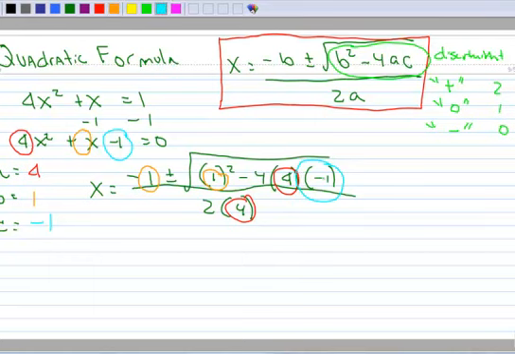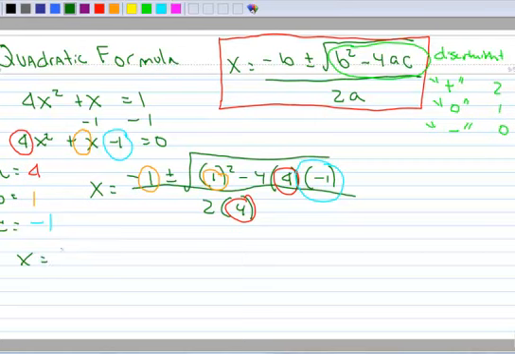Notice I've got everything in parentheses. I like to put things in parentheses so I don't lose the negative. If I didn't have this negative 1 here in parentheses, it would look like 4 minus 1, and that's not the case. It's 4 times negative 1. Alright, so let's just calculate this out.